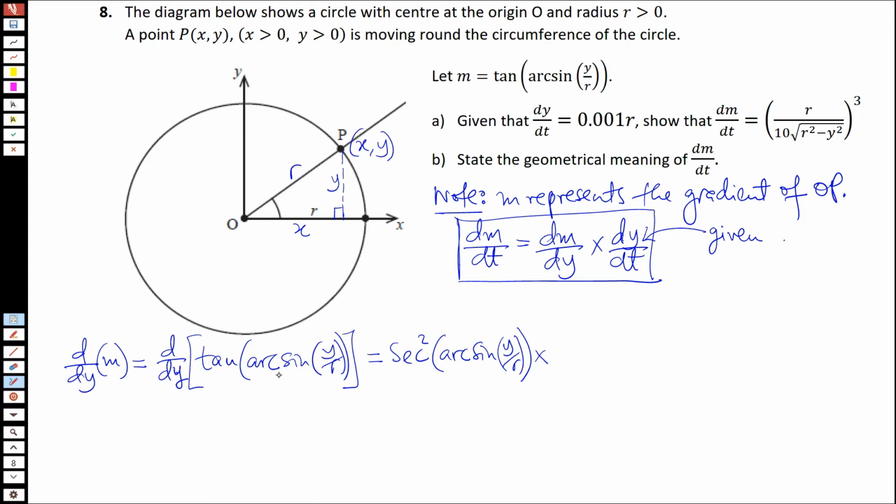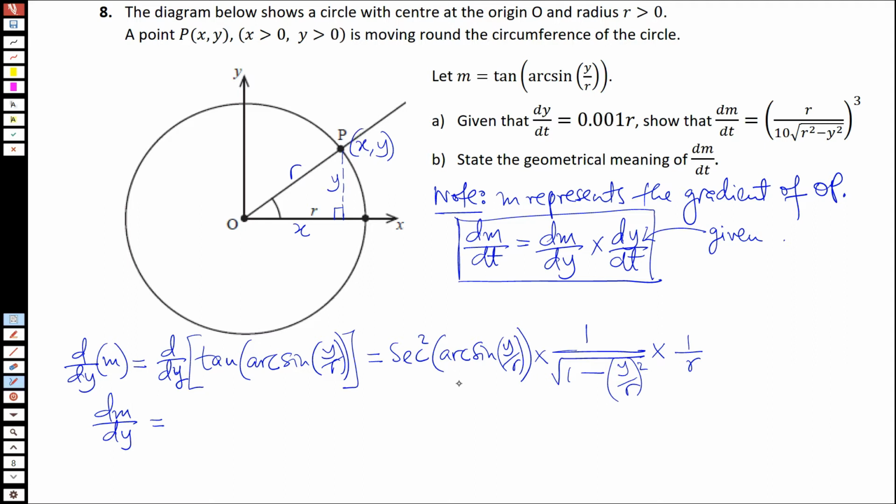Now remember, we're applying the chain rule three times, for tan, arc sine, and y over r. For tan we have secant squared of whatever is inside. For the derivative of arc sine, that will be equal to 1 over the square root of 1 minus x squared, and our x is y over r, so y over r squared, multiplied by the derivative of y over r, which is 1 over r because you are differentiating with respect to y.